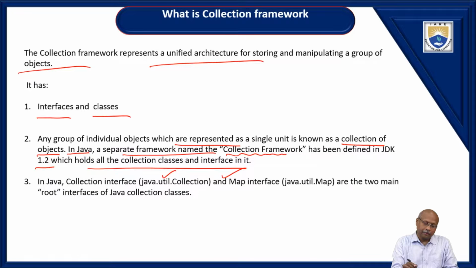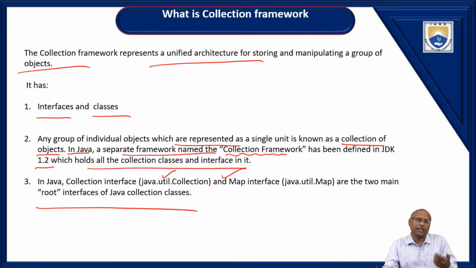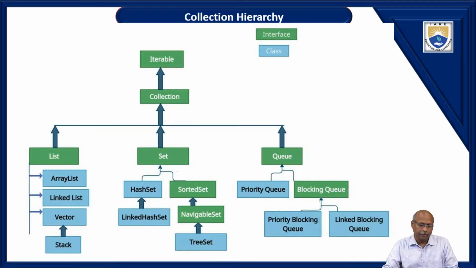The Collection interface as well as the Map interface are both part of the util package, and they are mainly used for Java collection-related work. You can do insertion, deletion, searching, sorting and manipulation, all kinds of operations in a single place, which is easy to control. That is why in almost all applications you will be using this collection framework.